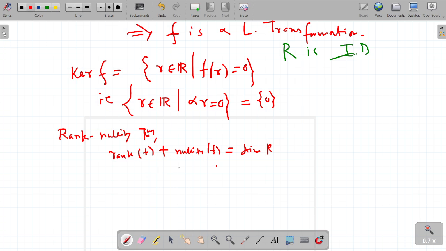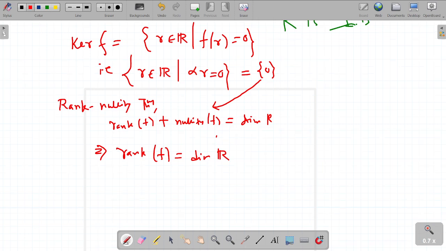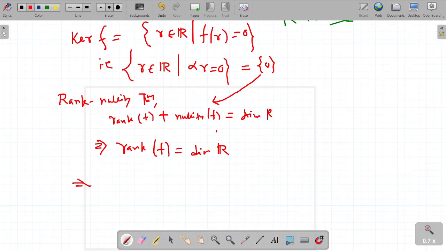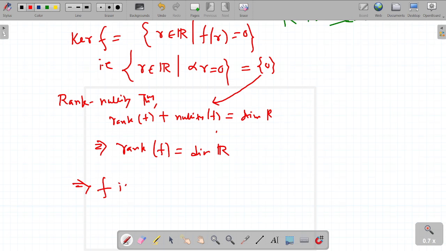Now the nullity of f is 0 from here, which implies that rank of f equals dimension of R, which implies that f is onto.